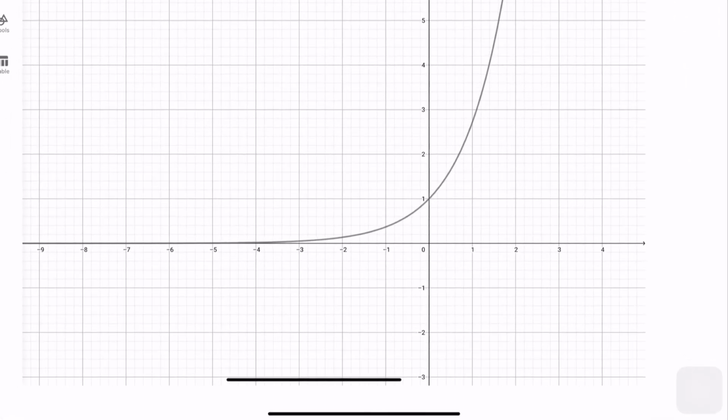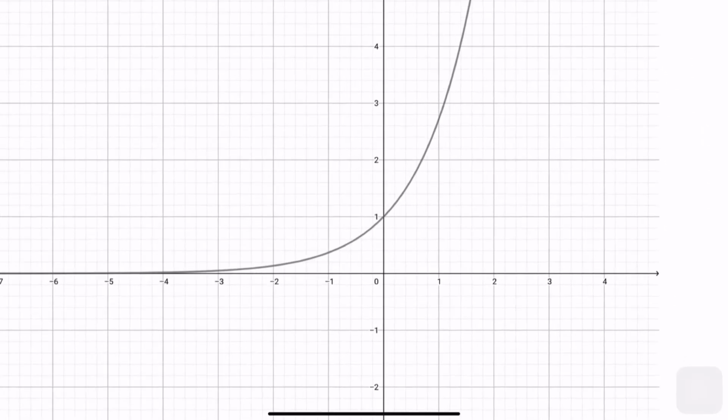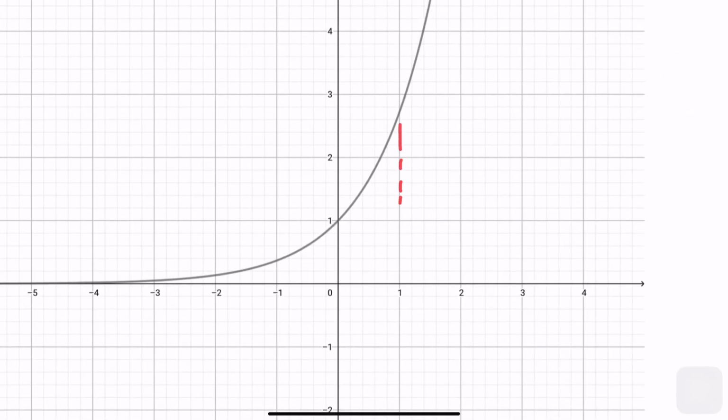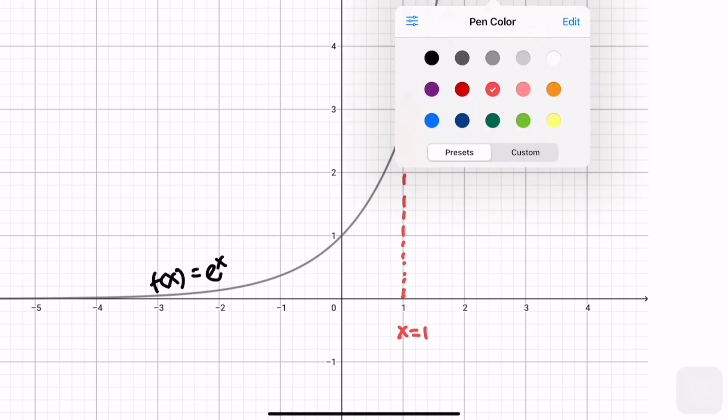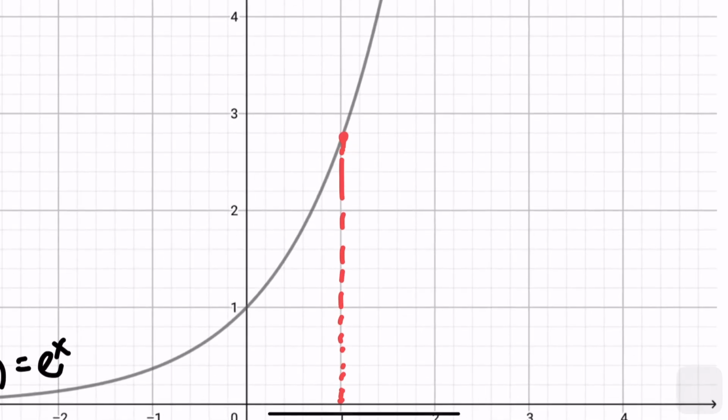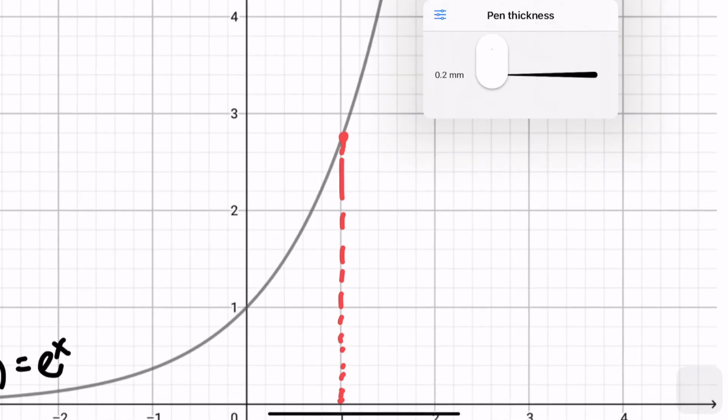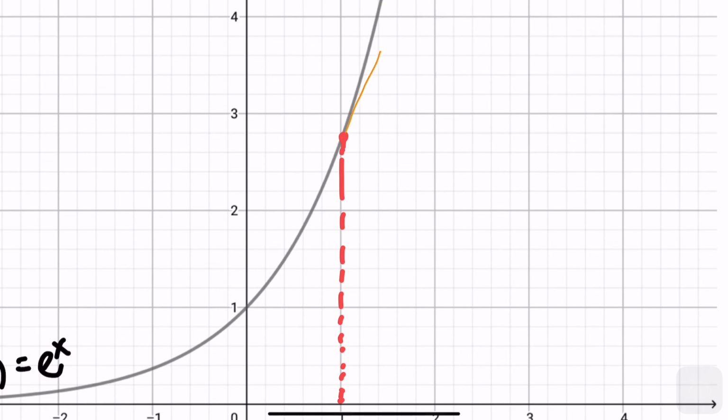Okay, look at the slope. I think there are also students asking this question about the slope here. So let's look at x equals 1. This is the point here. Let me remind you, the function is e to the x. And then let me draw the slope.